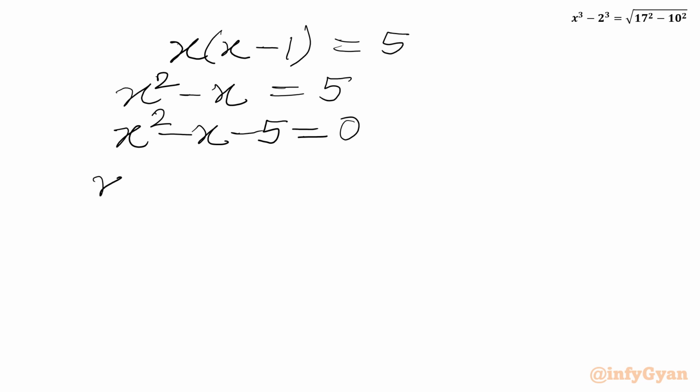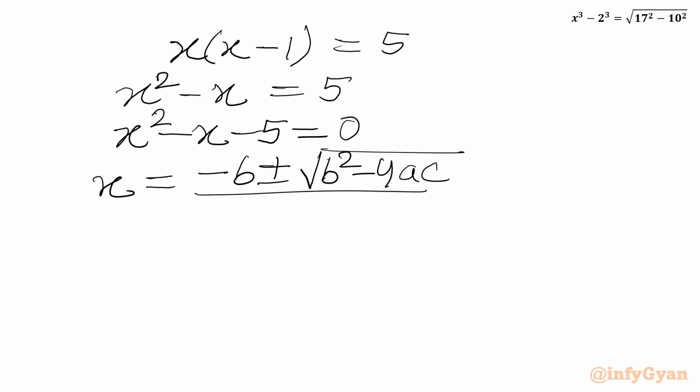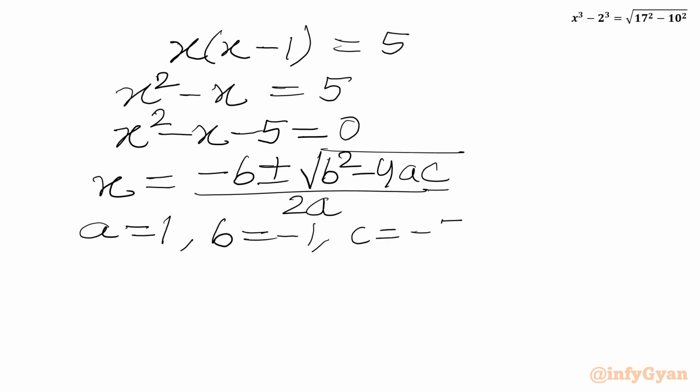Let's use the quadratic formula. So I will write the formula first: minus b plus minus square root b square minus 4ac over 2 times a. Here a is 1, the coefficient of x square, b is negative 1, the coefficient of x, and c is the constant negative 5.